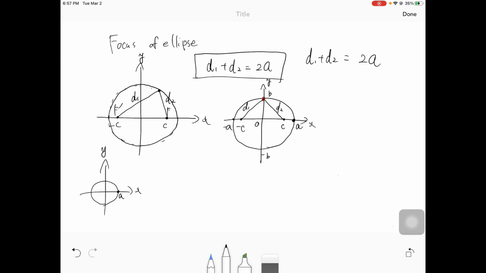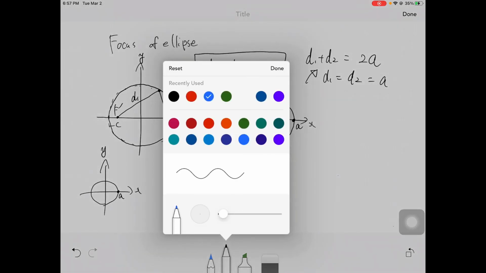But in this case, the red point is located exactly in between the foci. This means d1 is equivalent to d2. So this has to be a to make this equation work. Okay?